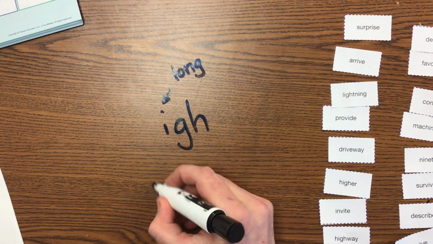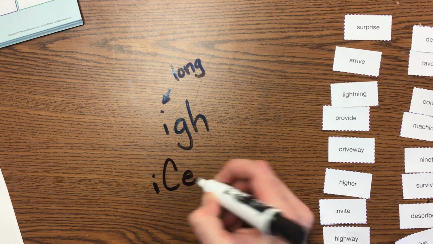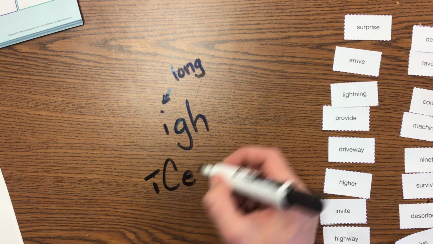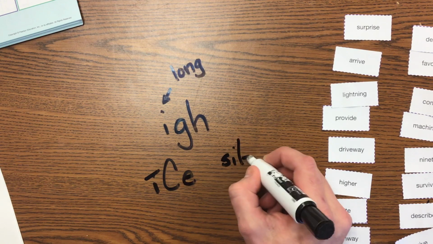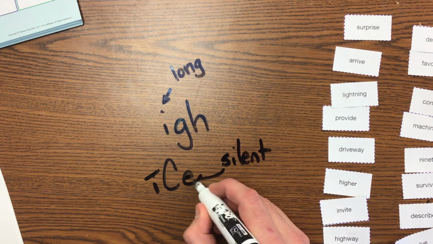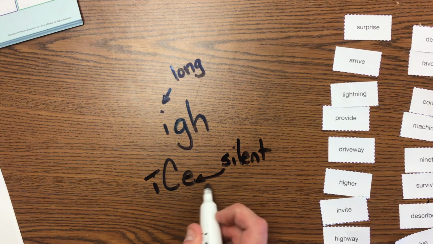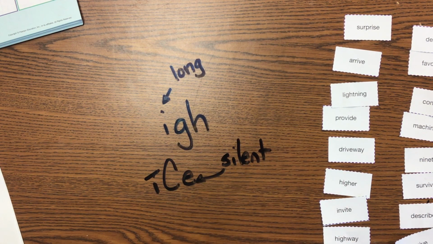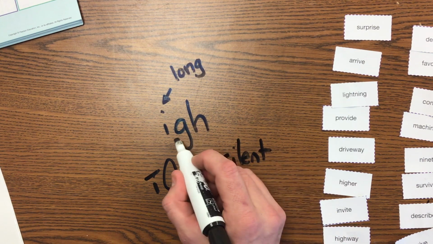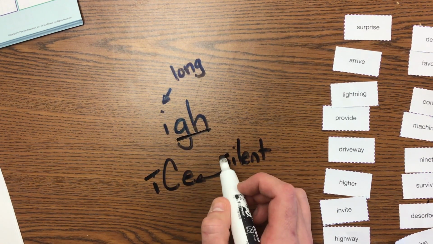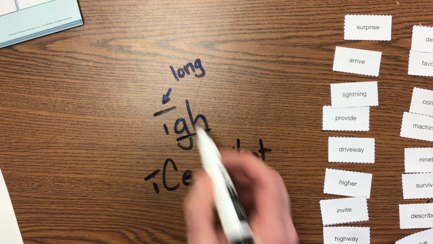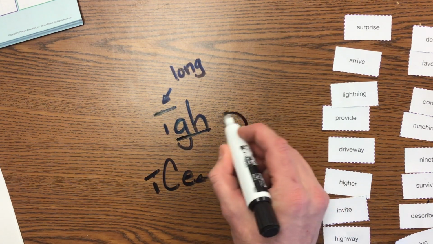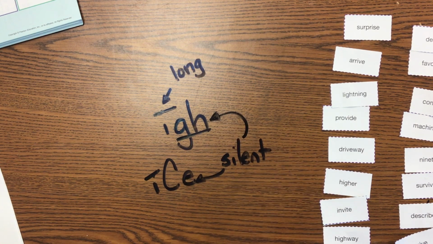Remember, when we have an I consonant E, this pattern makes my I long, and then the E becomes silent. It's like it did its job to make this long, and then it goes away. The same thing is true for I, G, H. When you have GH next to an I, it's going to make that I long. But it's done its job, and so that GH becomes silent.